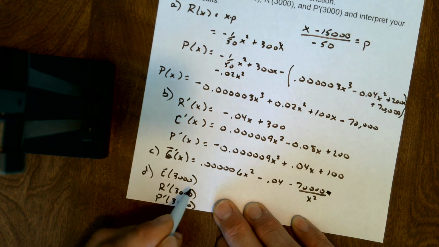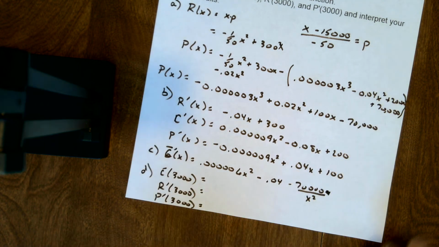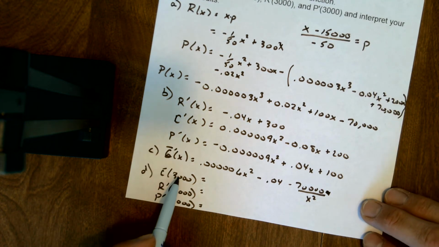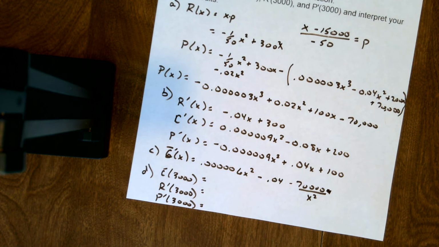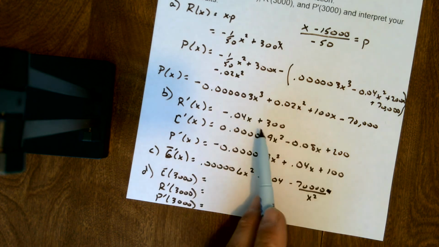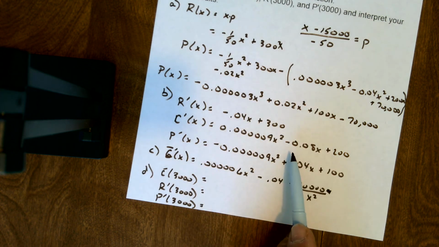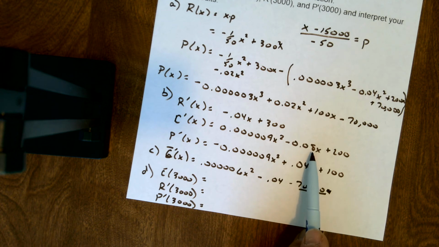Part D says find C prime of 3,000, R prime of 3,000, and P prime of 3,000. Running out of room. So, C prime of 3,000. I'll come up here on my C prime. Again, we can type that in our calculator. Make sure you get those 5 zeros in there. 9 times 3,000 squared, and to that, we're going to subtract 8/100 times 3,000.